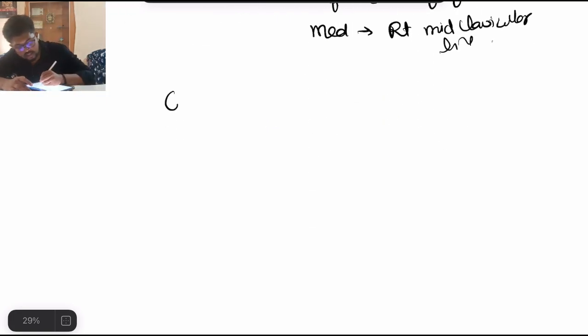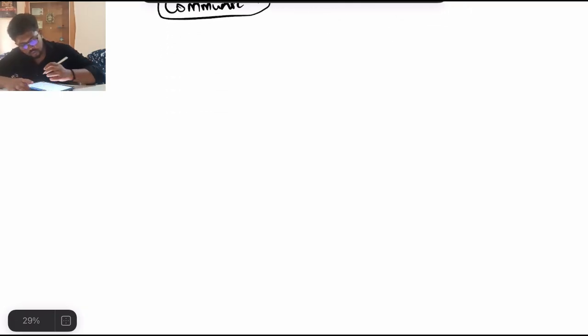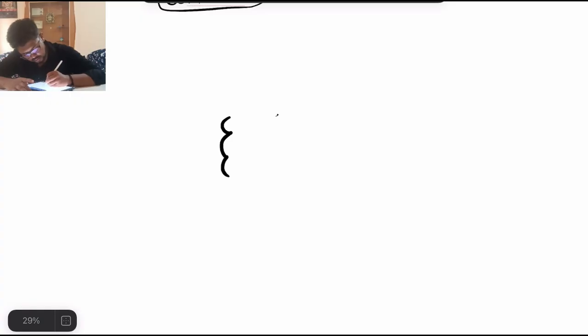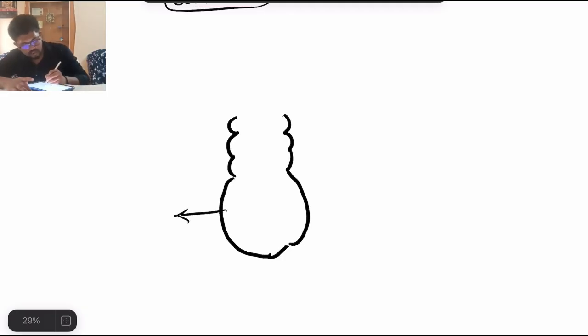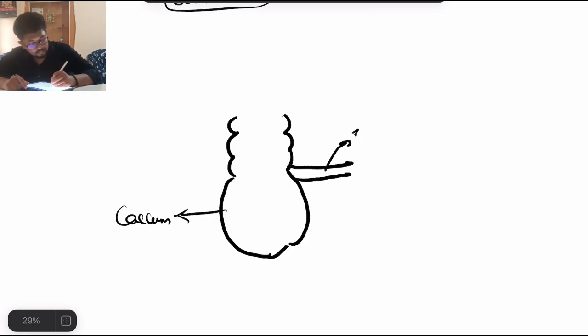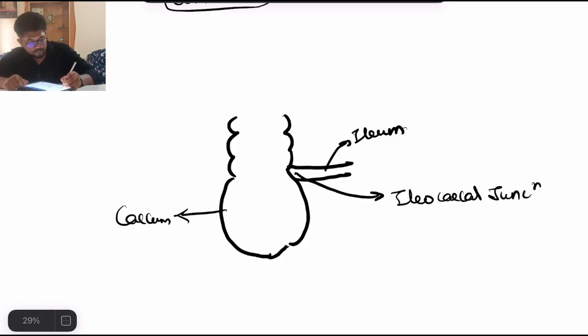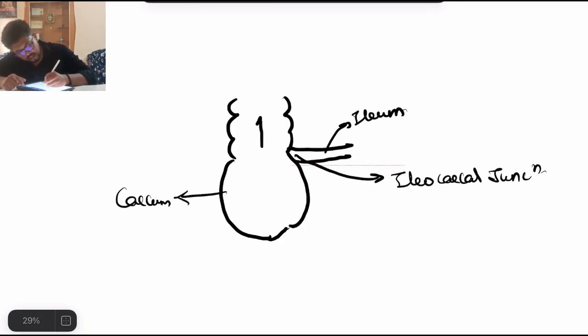Now, what are the communications of the cecum? This blind sac is what cecum is. So cecum communicates medially with what? Ileum. So this junction is the ileocecal junction. And it communicates above with what? Ascending colon.